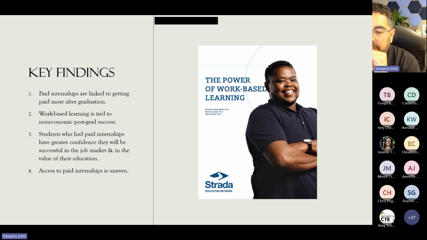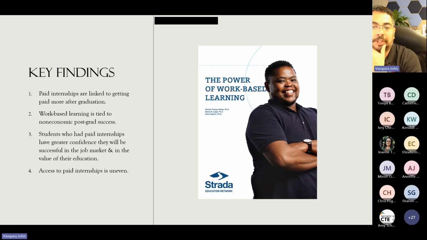Specifically, I think what's important to note about access to paid internships is that Black and Latino students, as usual, as a whole, have less access, but also women and low income and first generation students, including white students, are less likely to experience a paid internship.